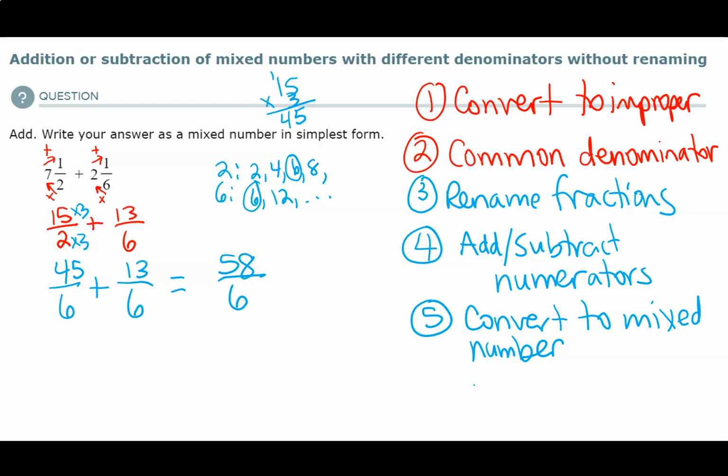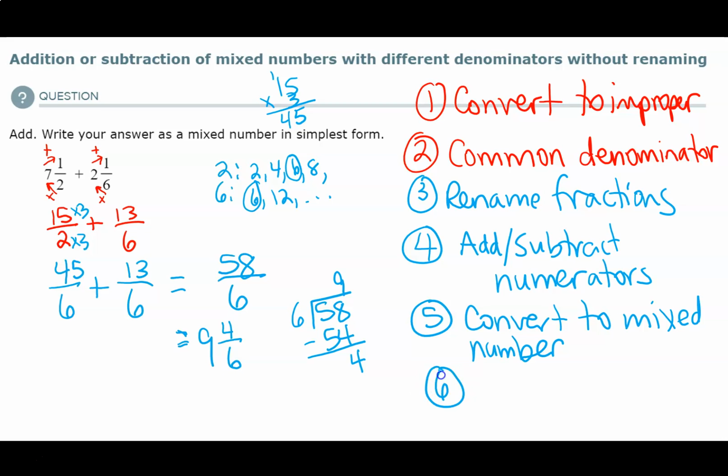So I'm going to see how many times 6 goes into 58. Let's see, 6, 12, 18, 24, 30, 36, 42, 48, 54. It looks like 9 times 6 makes 54. And so this becomes the same thing as 9 and 4/6.